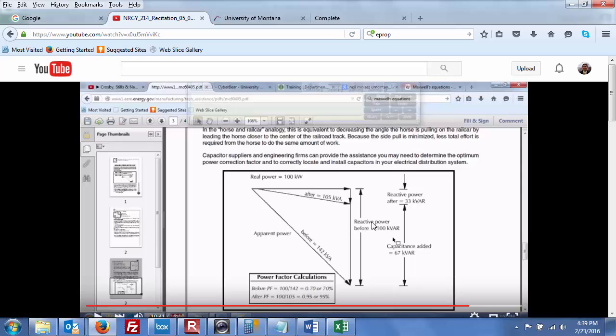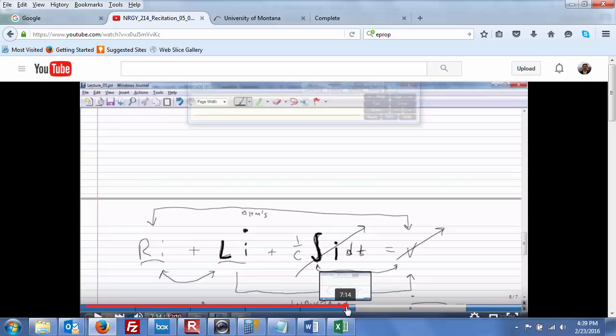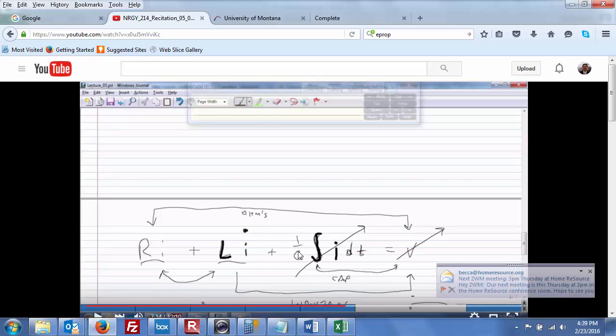And then what's called the reactive power is just the other side of that triangle. So real power is resistive, apparent power is capacitive and inductive. That's why I was going through all of this stuff right here. So in any circuit, you've got resistors. So that's resistance times current plus inductance times the time derivative of current plus the integral of current over the capacitor.